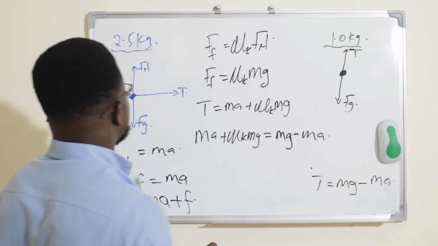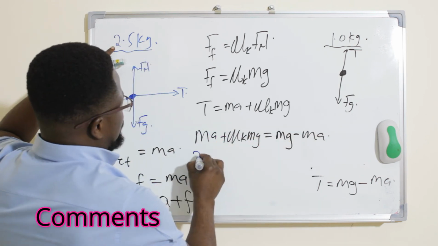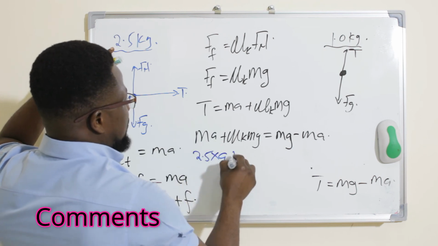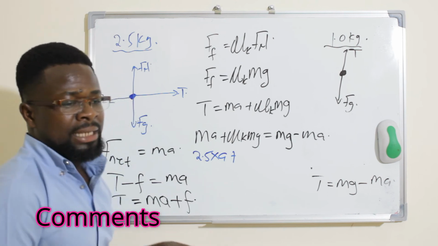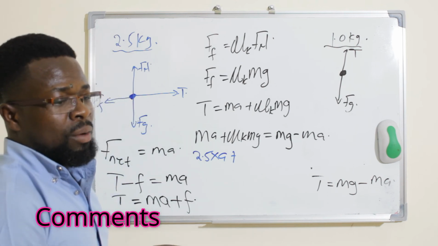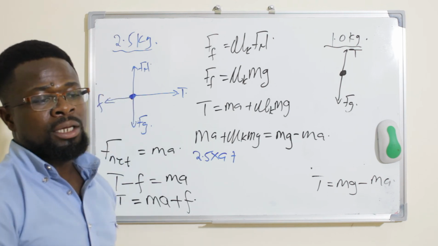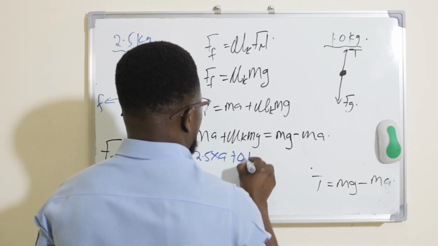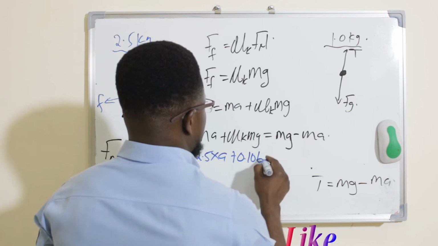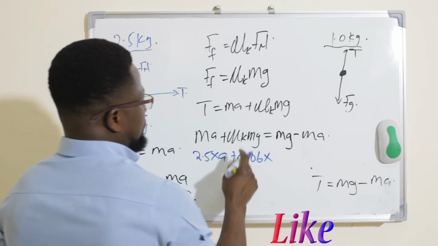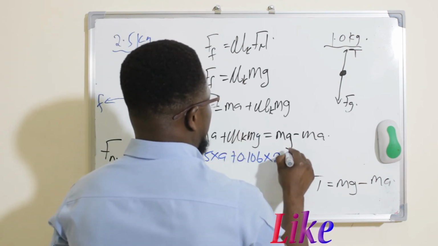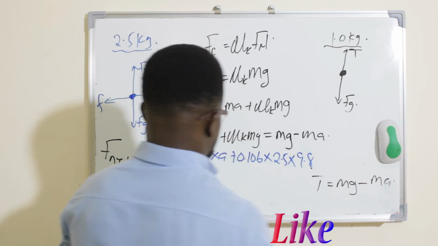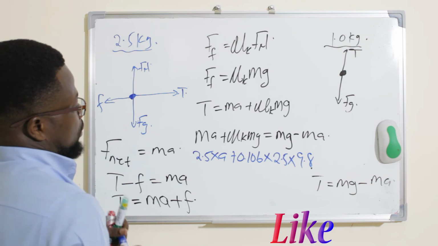So let's do the substitution. This is 2.5 multiplied by the acceleration plus the coefficient of kinetic friction, which according to the question was given to be 0.106. So this is 0.106 multiplied by the mass, which is 2.5, multiplied by 9.8.